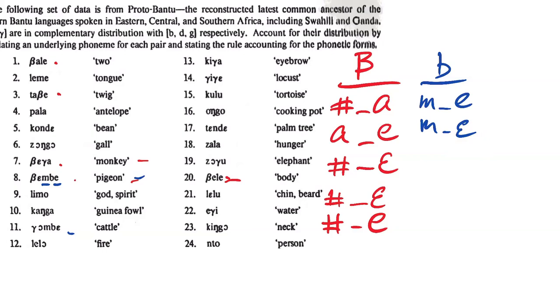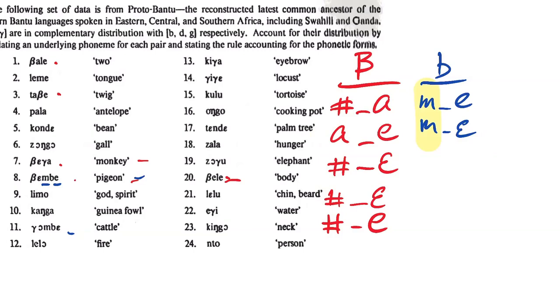Next, a lot of the betas come at the start of a word, but not all of them, because this one here doesn't. So this is either before a vowel or at the start of a word. That's not a great law here. One thing that is promising is that in the Bs, we see both of those occurring before an M. Nice, that's useful.